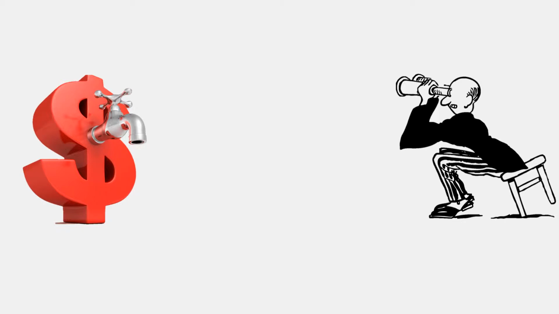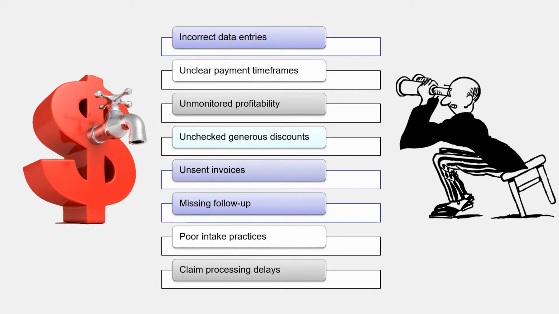So what are the causes for this revenue leakage and not having a visibility over the processes or transactions? Here I have listed down some causes like incorrect data entries. It can be related to value or a location. Unmonitored profitability. The organization may not have control over account receivables, account payables, or bad debts or anything else.